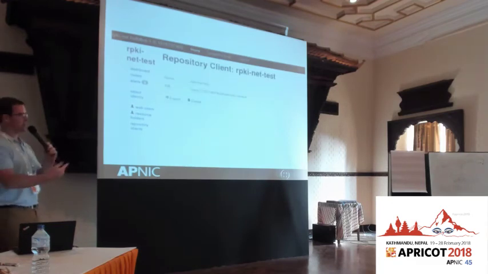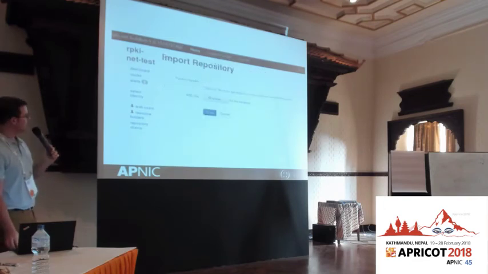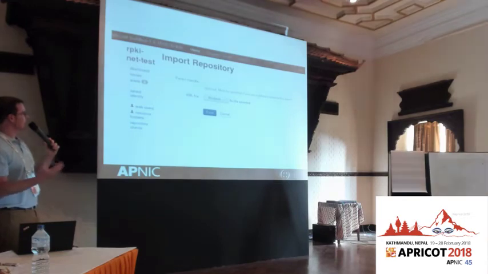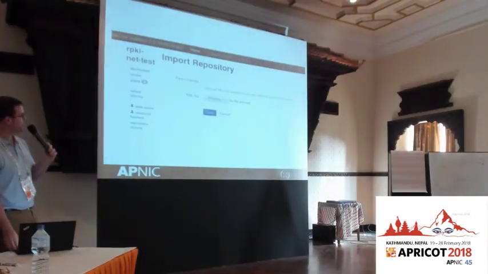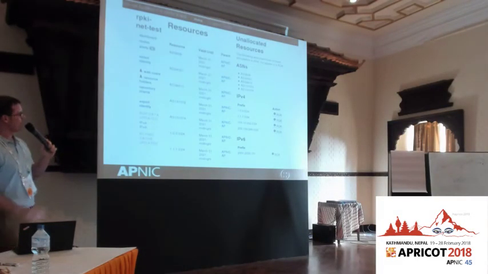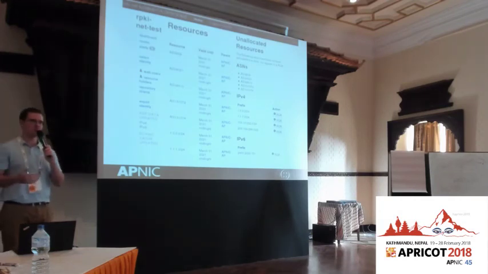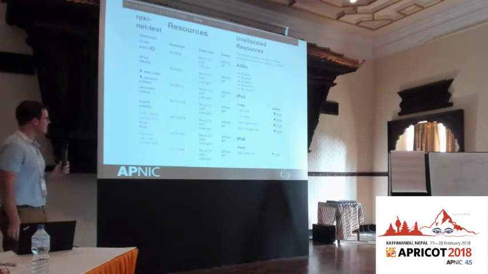And again, you have another export, and you take that XML back to your resource holder, where you import it under the repository option. And all things being equal, you click refresh under resources, and you end up with a page like this, with your resource certificate and all the rest of it.